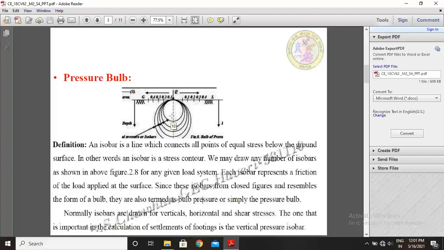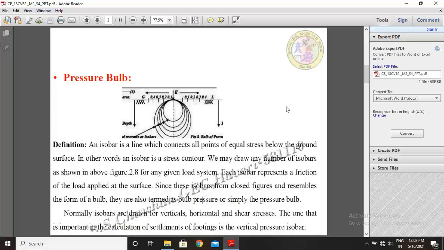Let us see the definition of a pressure bulb. An isobar is a line which connects all points of equal stress below the ground surface.